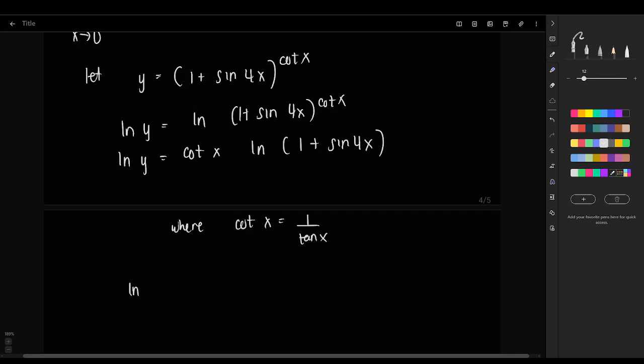So ln y is ln of (1 plus sine 4x) all over tangent x, right?